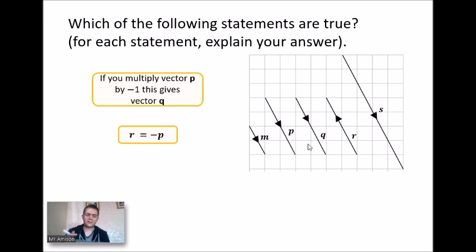So therefore what we could say is, because r equals (-2, 4), we could say p times minus 1 equals r. And therefore it makes sense that this next statement is true. R equals minus p, because p times minus 1 is minus p. Minus p therefore does equal r.